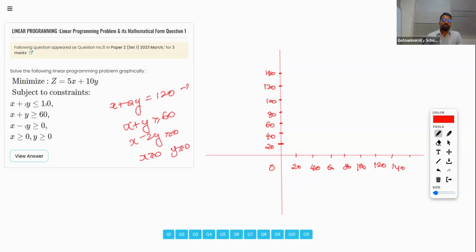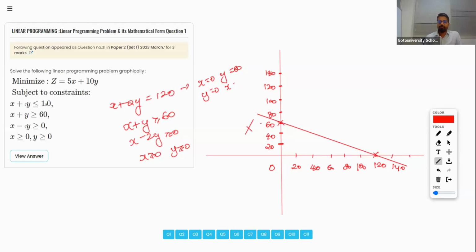So substituting the first constraint, when x is equal to 0, y is equal to 60. This is our first point. When y is equal to 0, x is equal to 120. This is another point, and it is less than or equal to. So our line will be like this, passing through 0, 60 and 120, 0. Yes, this can be the graph.